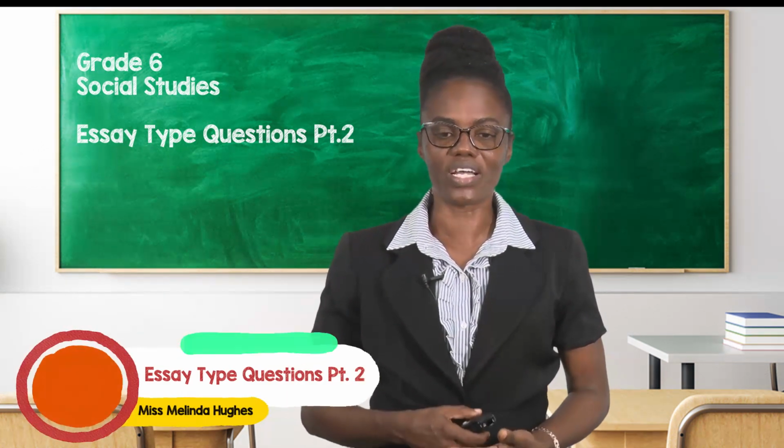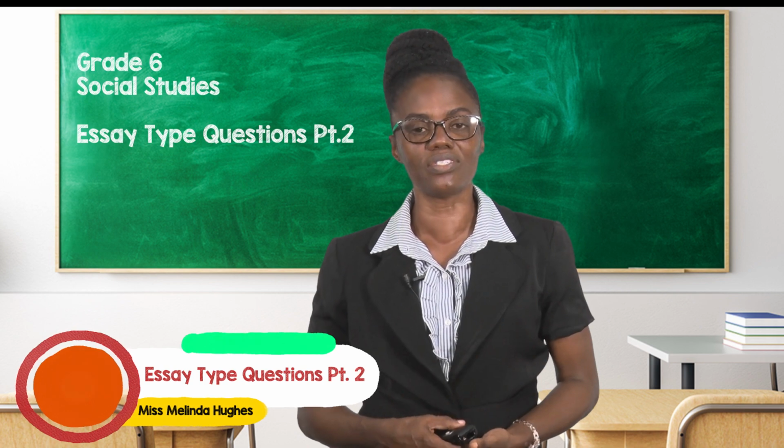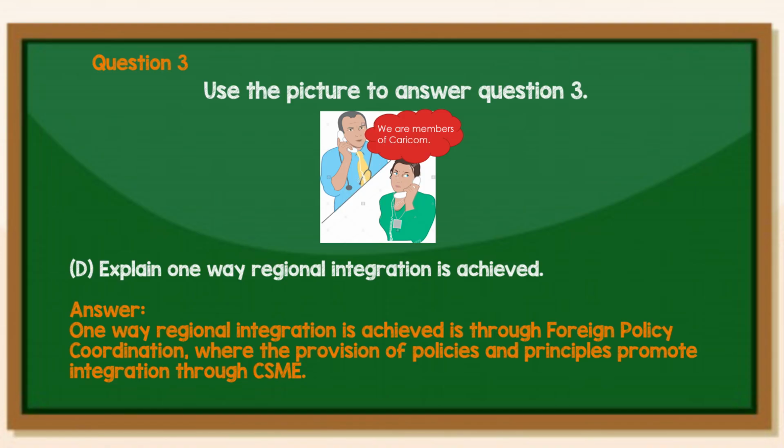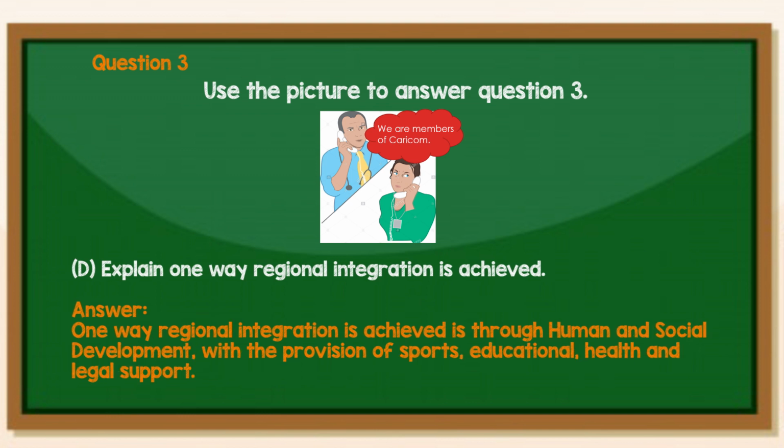Another way is to provide free trade of commodities within the region. Next, another way of regional integration is by foreign policy coordination. This simply means the provision of policies and principles that promote integration through CSME. Next, human and social development. This is another way regional integration is achieved.